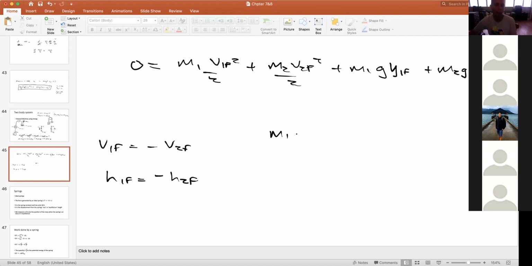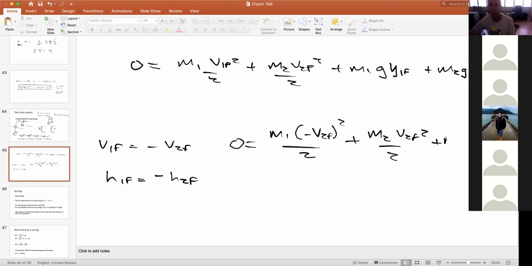So M1 times minus V2 final squared over 2 plus M2 V2 final squared over 2 plus, I said that this was minus M1GH plus M2GH. Now, I can move some stuff around here.